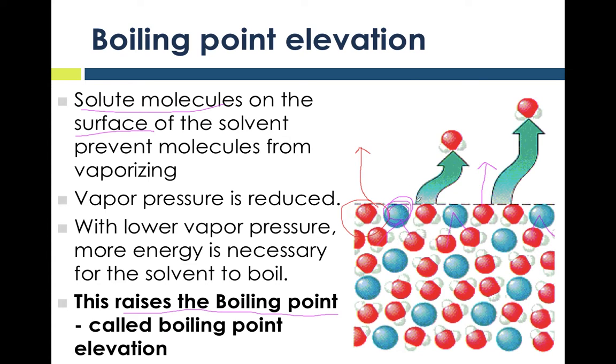So just by adding salt or sugar into water, you can actually raise the boiling point of water. And we call this property simply boiling point elevation. The word elevation means to bring something up.